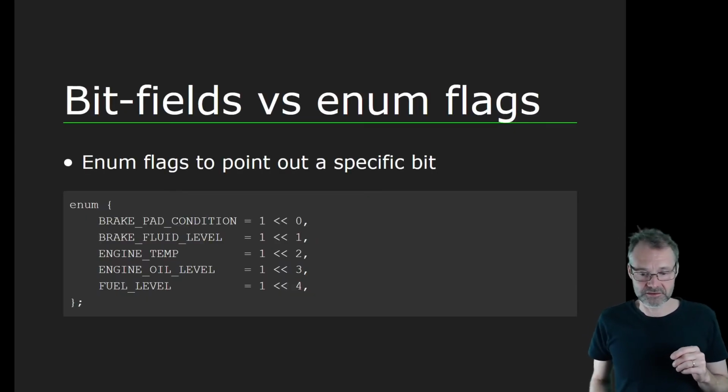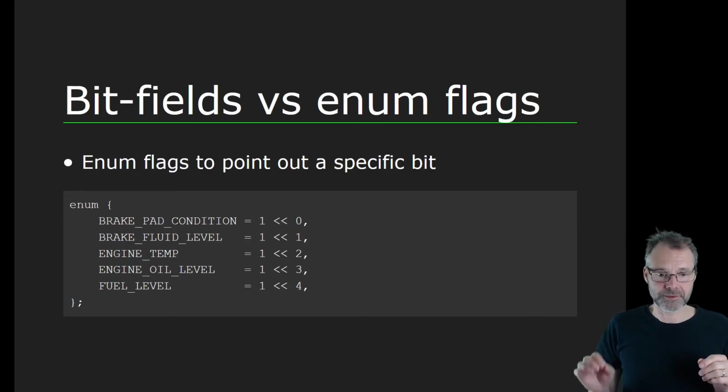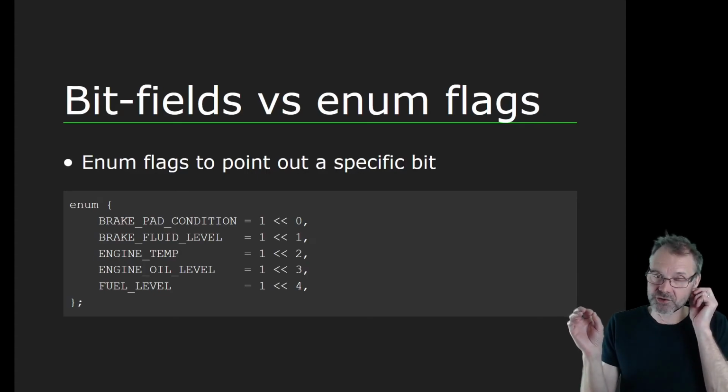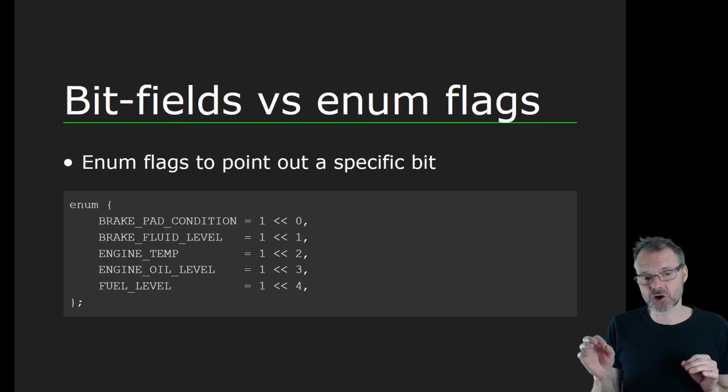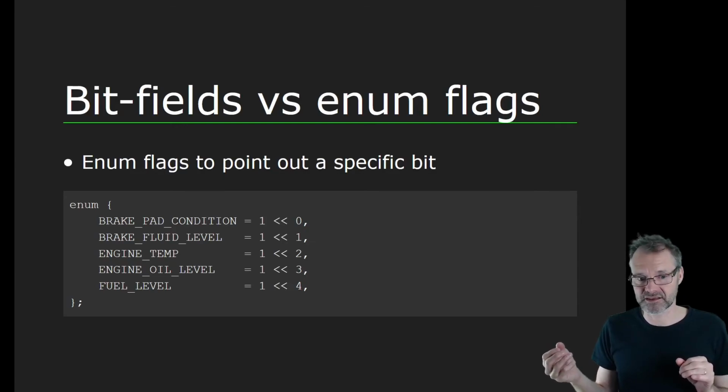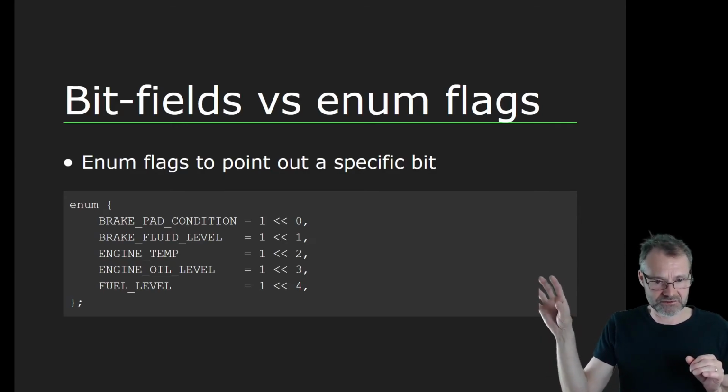We're going to stay here on the bit side of C, and we're going to see what bit fields can do for us. Bit fields are also a way of using structs, and we're going to see how that works with bit manipulation. But before that, we're going to see how we can use enum flags and work with bits. So I'm going to create here a way of keeping track of the health of a car.